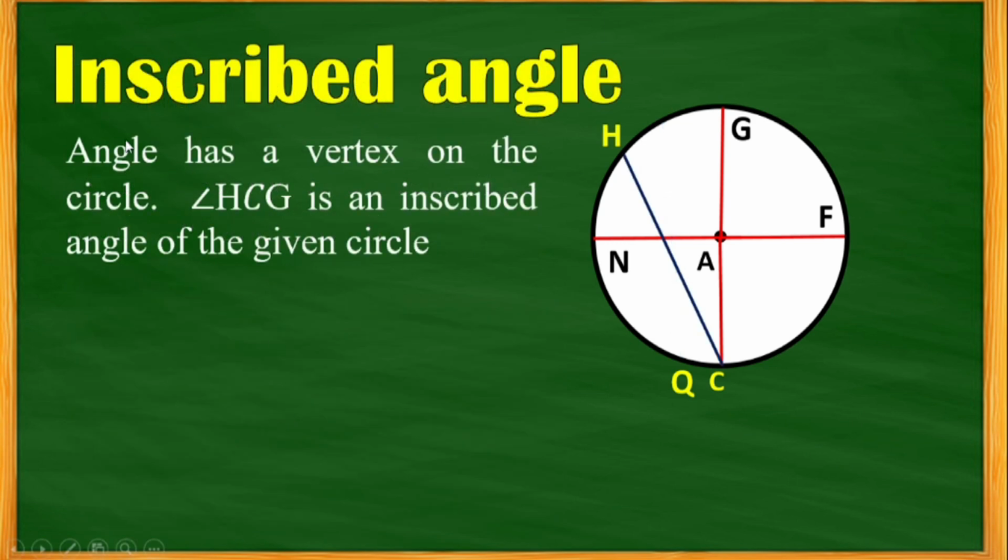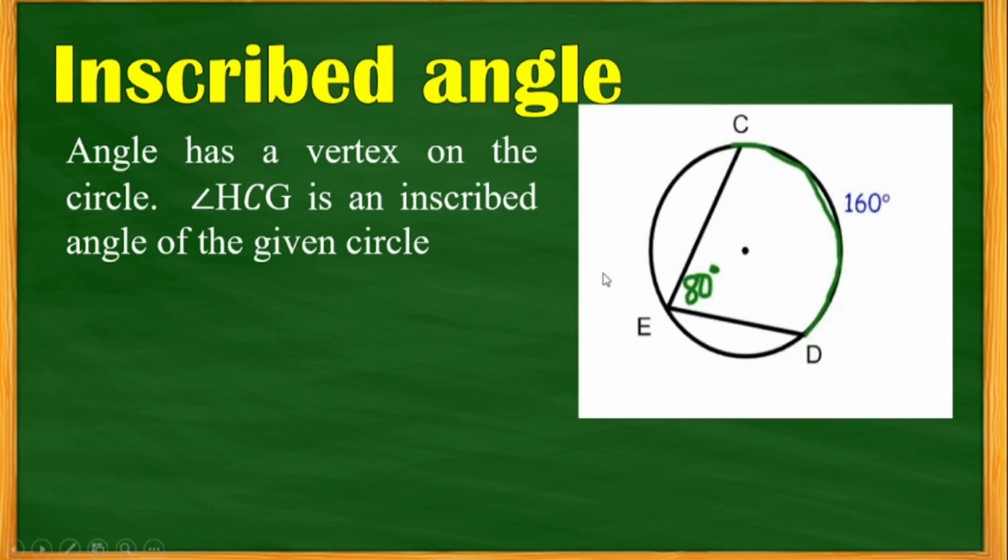And for an inscribed angle, it is an angle that has its vertex on the circle. The example is angle HCG, an inscribed angle of the given circle. Inscribed means inside, like for this example.